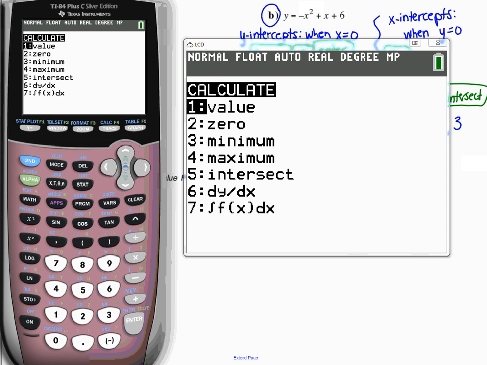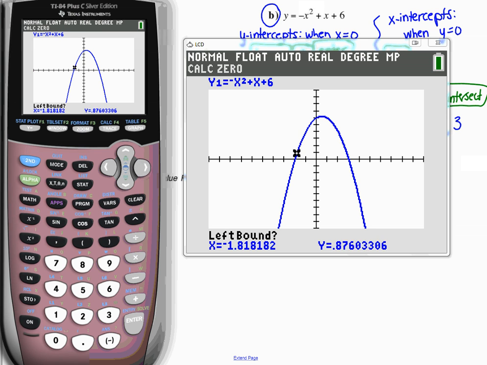Second trace, number 2. So now left side of this x-intercept. So, sorry, keep pushing it. So here's the x-intercept right there, right? Left side of it will be up here. Enter. Right side of it will be down here. Enter, and then push enter for your guess.